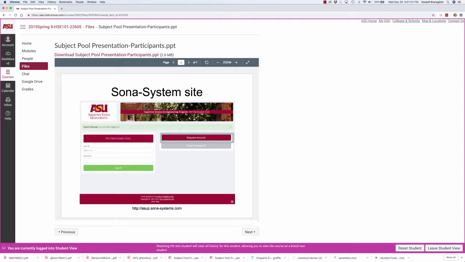And as a result, always make sure that you go to this URL that I'm highlighting here, asup.sonasystems.com. Once you are there, click on this thing that I have highlighted over here that says Request Account.